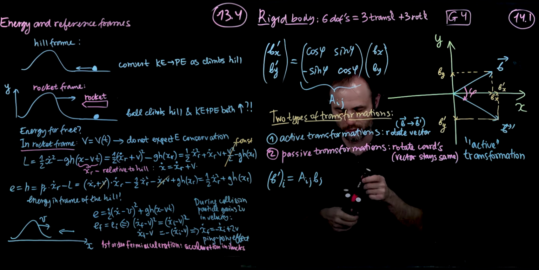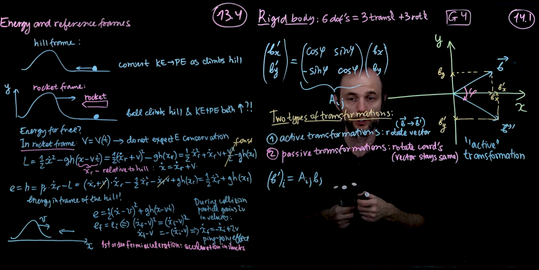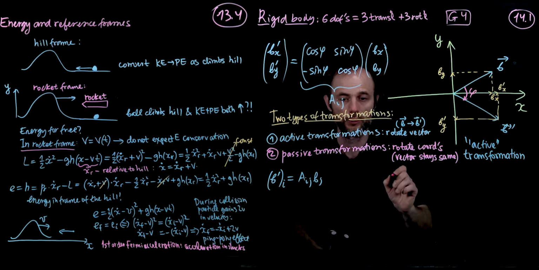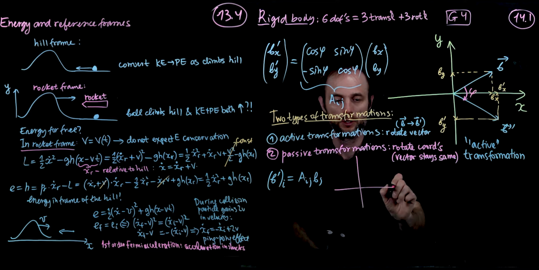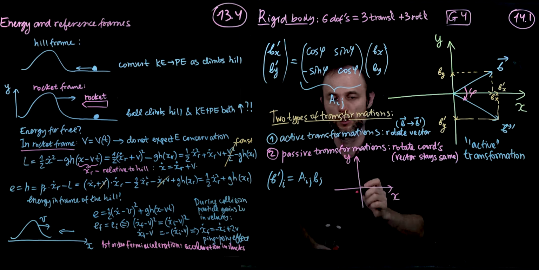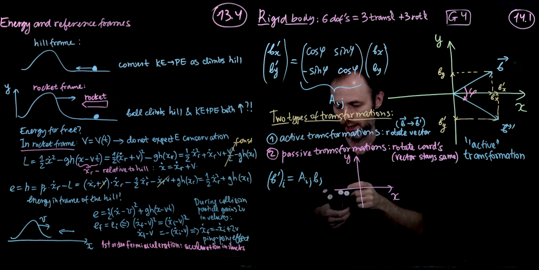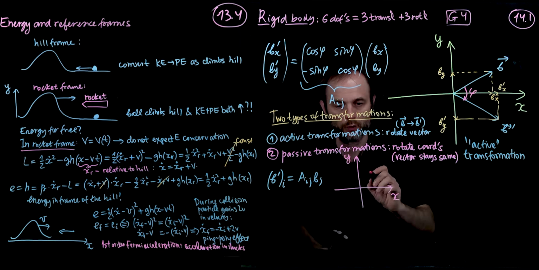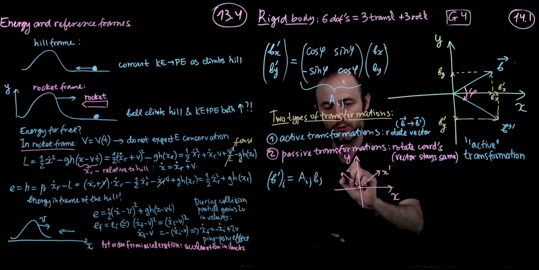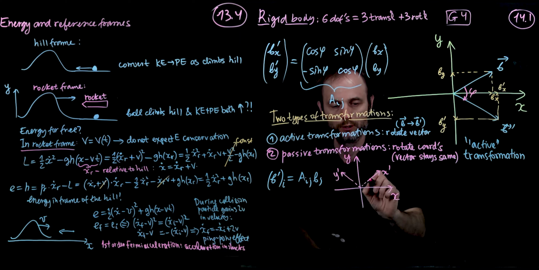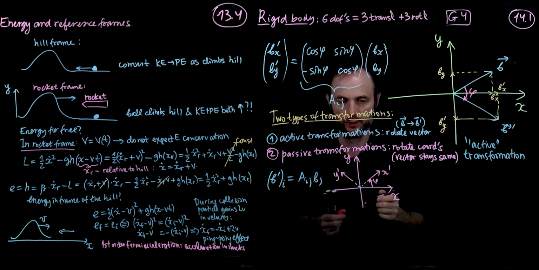And in this case, we would rotate things differently. We would take the x and y coordinates, and we would rotate them by an angle phi. So we would have a new x coordinate, and we will have a new y coordinate, and that would be the rotational vector.